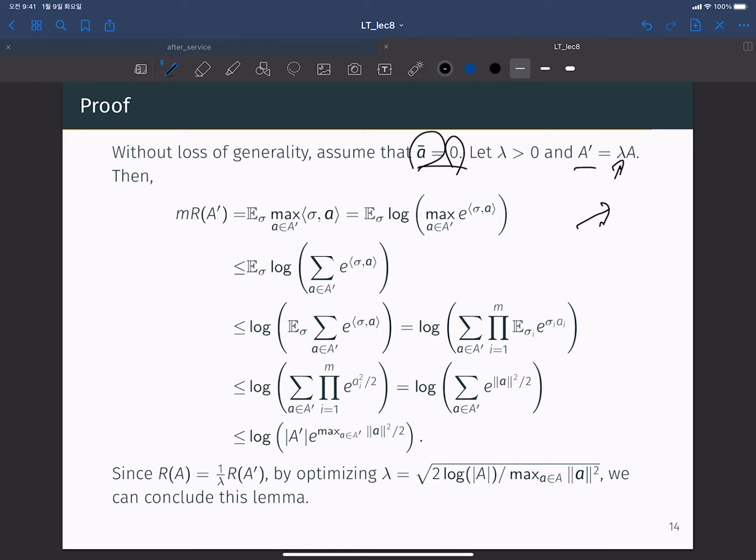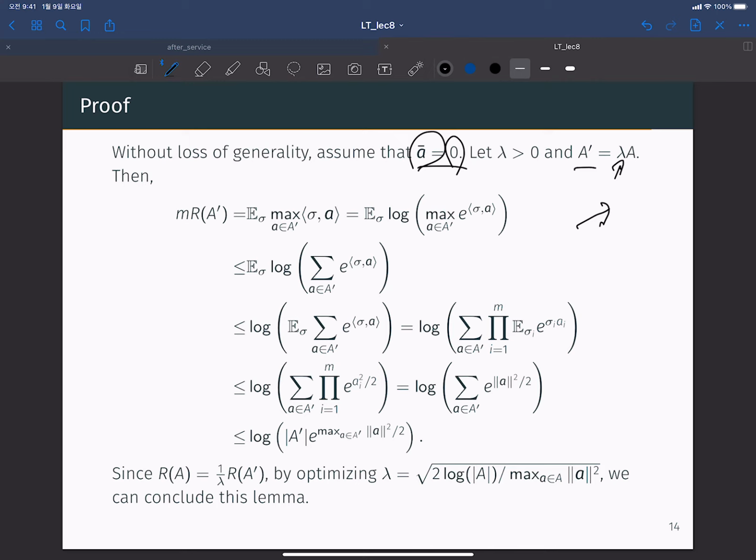This does not change our theorem too much, because we know that scaling a hypothesis class or set just scales the Rademacher complexity by the lambda factor. That we know from the previous Rademacher complexity properties.